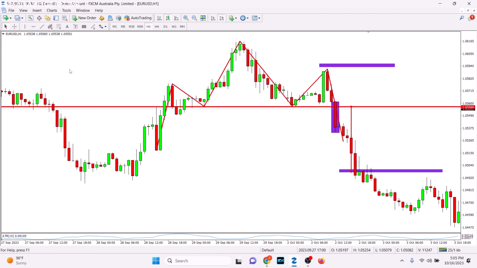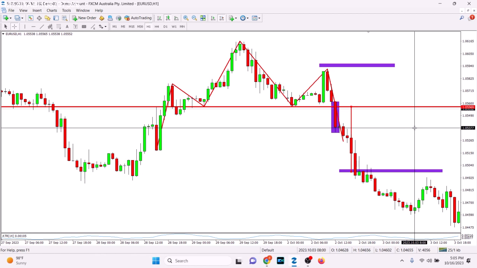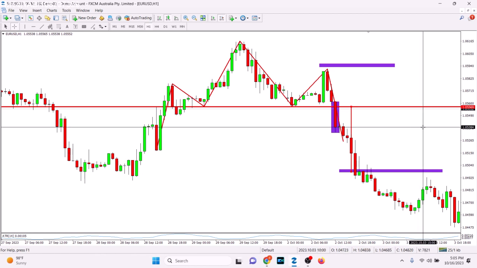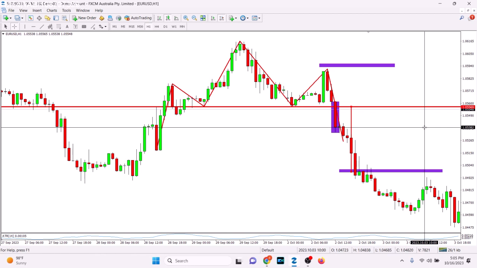Now the problem with this is, whenever a pattern is spotted and confirmed by retail traders, you can be sure that when this candle closes right here, there will be an influx of retail traders. At least 60% of those traders watching that pair will enter short as soon as this candle closes below the neckline, because this is what is widely taught and this is what validates the head and shoulders pattern.